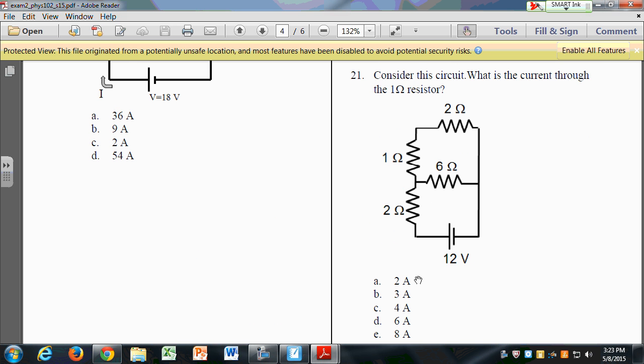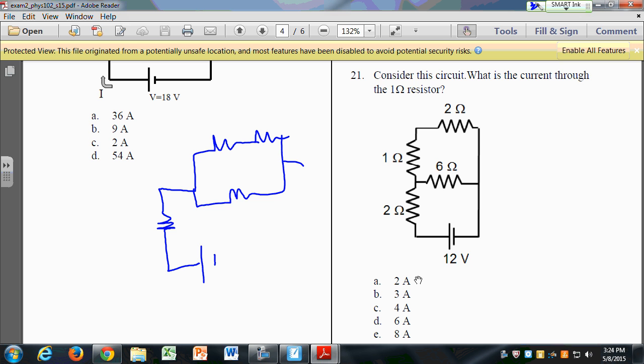On a circuit like this, it often helps students to just redraw it. So you will see sort of a funky circuit like this. Draw my 2 ohm resistor, and then I have a parallel branch with a 1 and a 2 ohm, and then a 6 ohm like that. So this is my 2, 1, 2, 6, and this is 12 volts. So it might help you to redraw it like that.